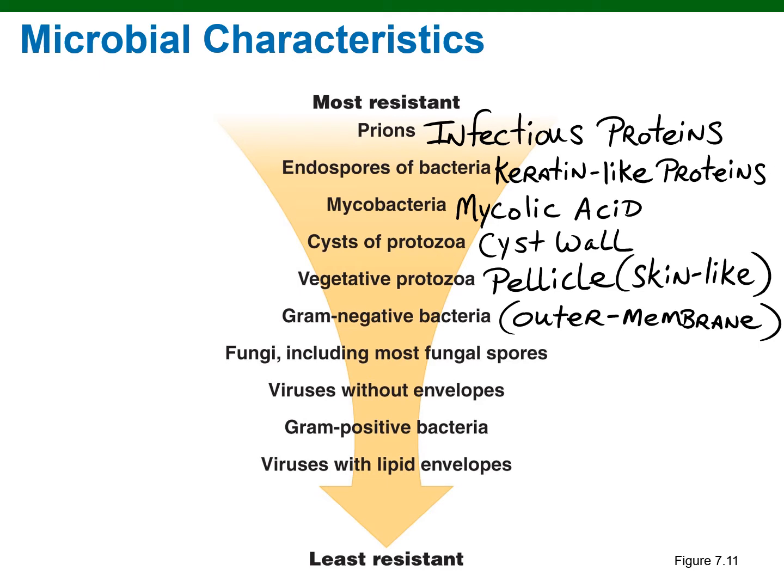Then we have fungi, which are fairly durable in that their cell wall has chitin. The chitin makes them a little bit better at resisting drying out, and also osmotic pressure.